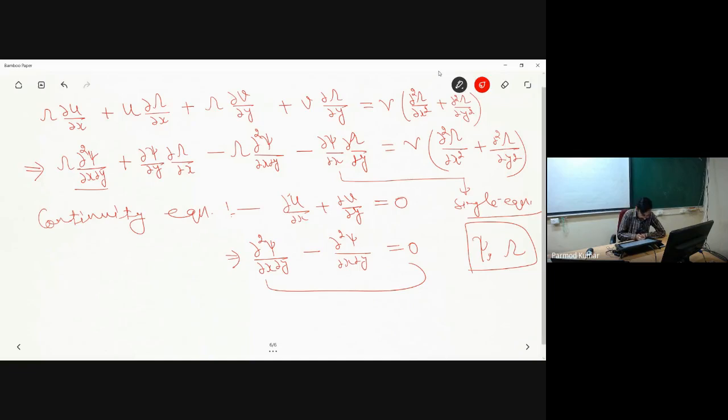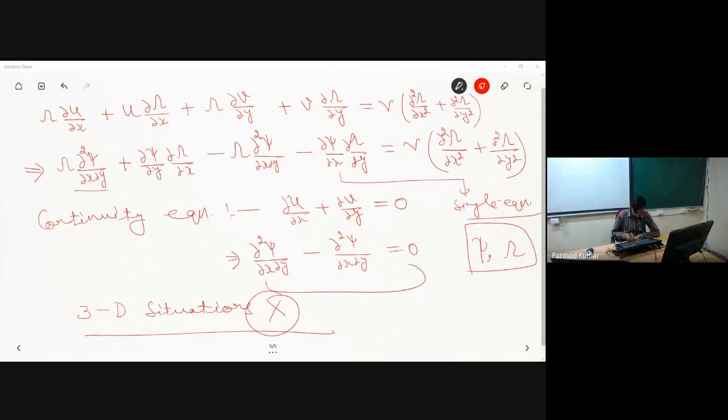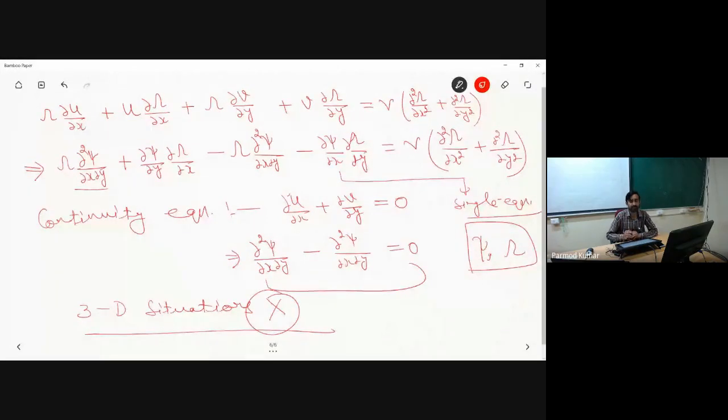So it means this method cannot be extended for 3D situations. Is this point clear? Yes, sir. The other drawback of stream and vorticity function is that it will not give you the pressure field directly.